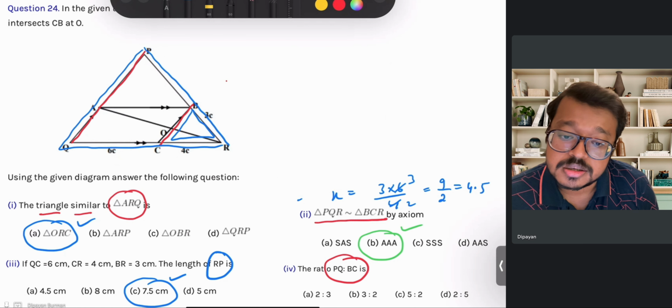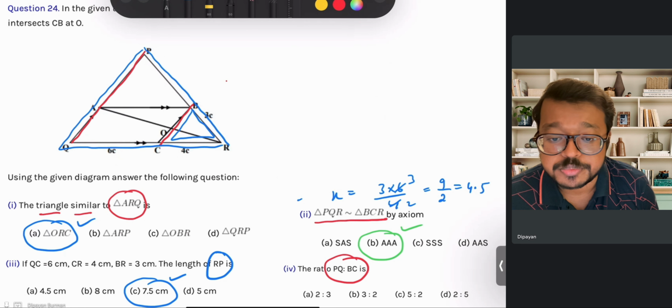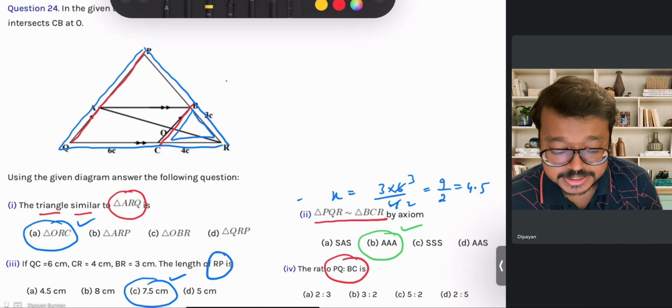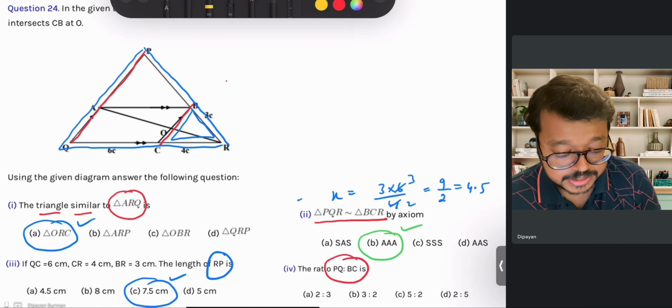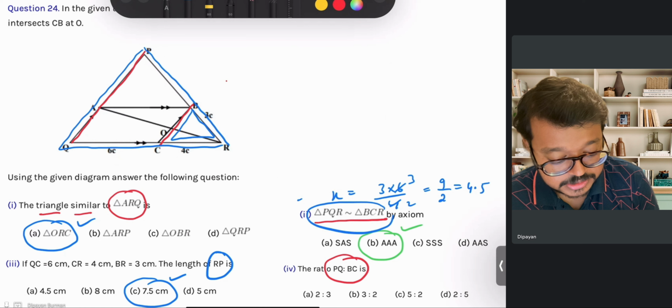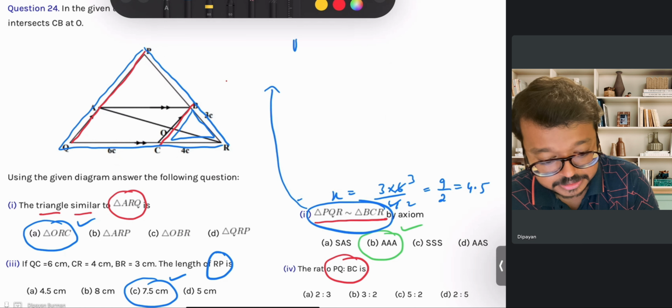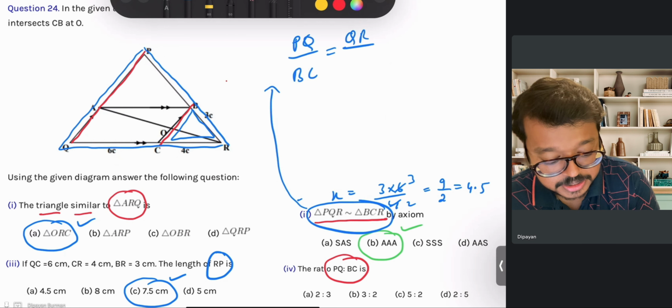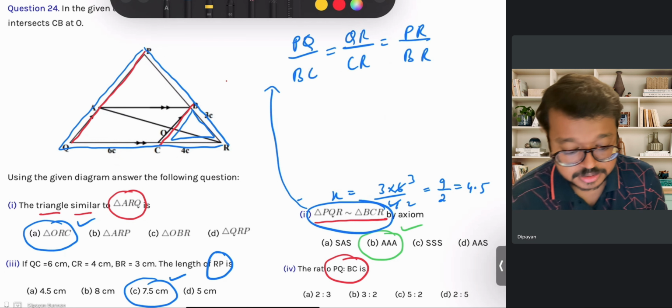And previously we have proved that they are similar. So the ratio of corresponding sides can be written down. So I can say PQ by BC is equal to QR by CR, and that is equal to PR by BR.